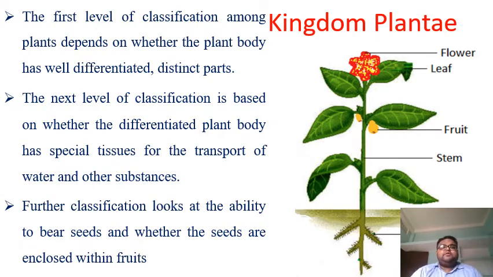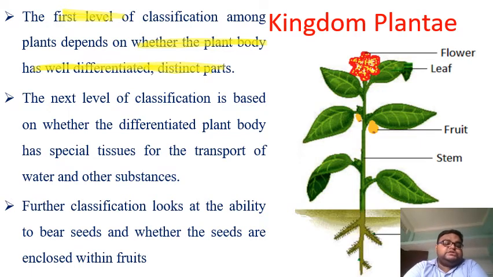So the first level of classification of the kingdom Plantae is dependent upon whether the plant body has well differentiated and distinct parts. Okay. So in the first level of classification, when we will be classifying the kingdom Plantae into more subgroups, it is based upon whether the plant body has well differentiated and distinct parts, right? So this forms the first level of classification.